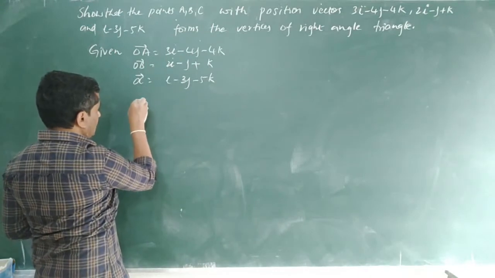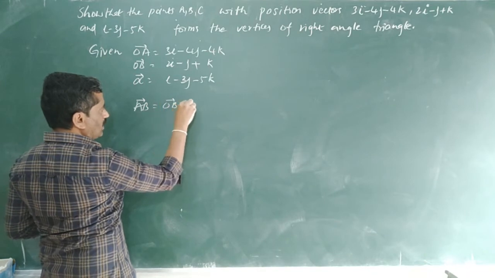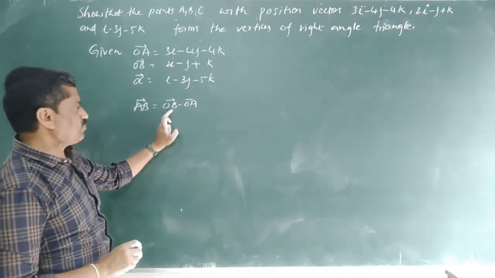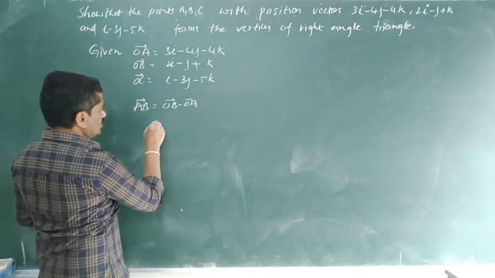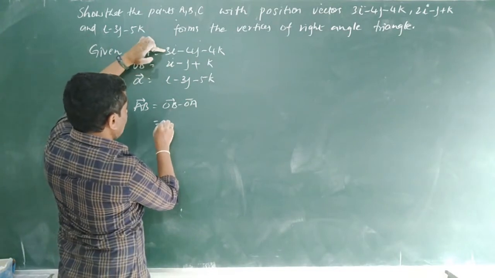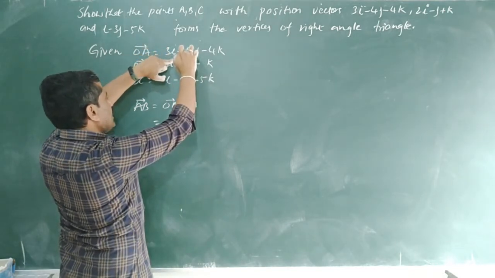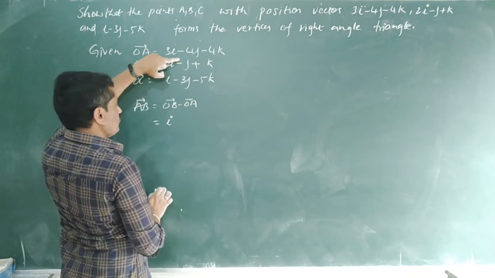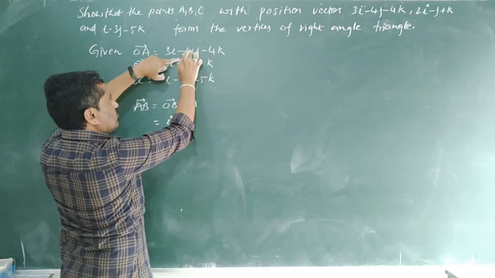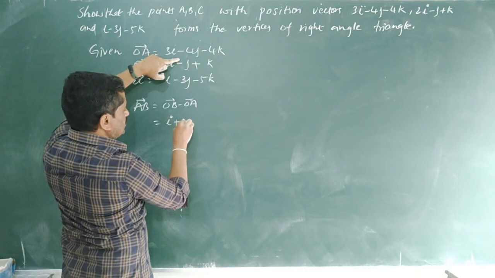So we have to find AB bar. AB bar is equal to OB bar minus OA bar, just expressing AB bar in terms of the position vectors. That is 2 minus 3, we have minus i. Then minus 1 minus of minus 4, that is minus 1 plus 4, we have plus 3j.